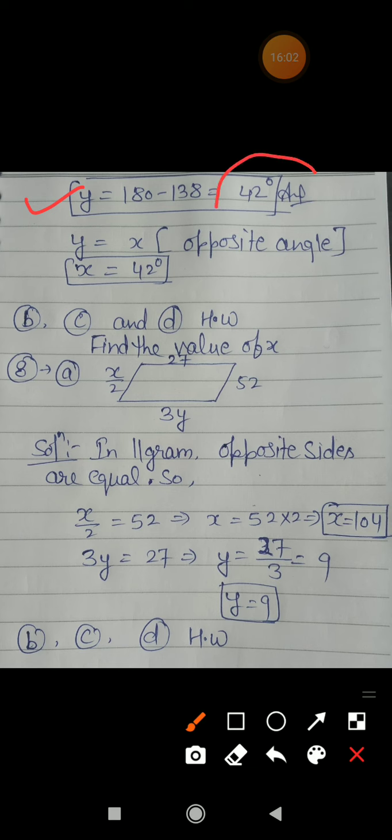And then you have to know that y is equal to x, as they are opposite angles, that's why x is equal to 42.